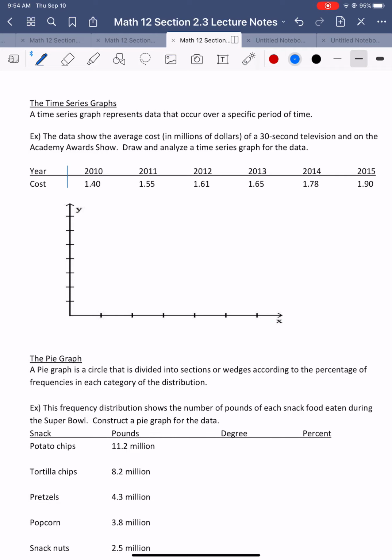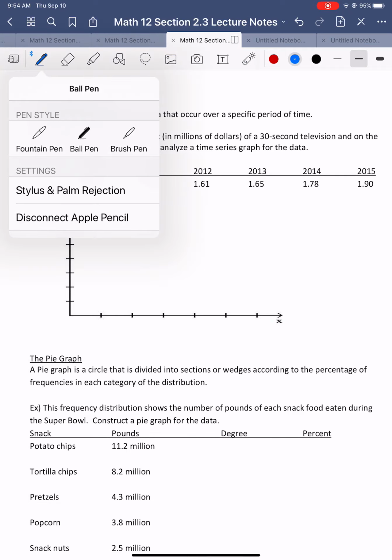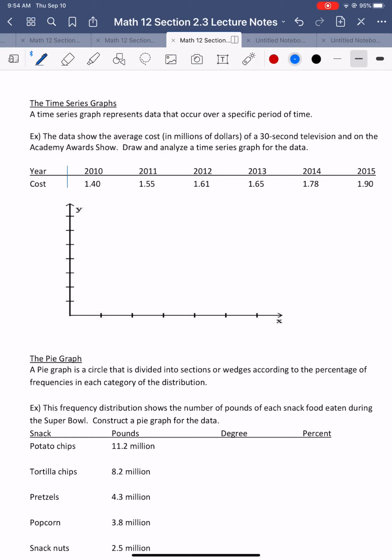So in order to do that, okay, for the axes, I want to put years, and then cost on the vertical, okay? So 2010, 2011, 2012, and 13, 14, and 15.